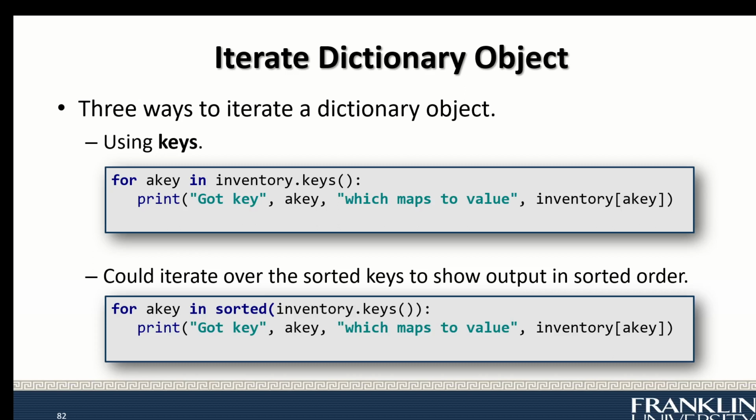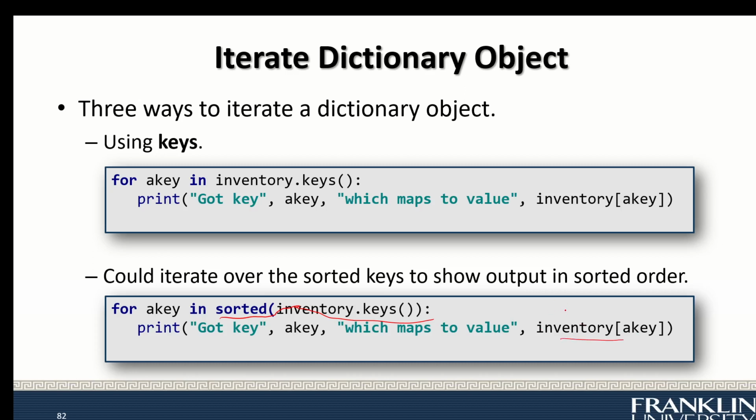So there are three ways to iterate a dictionary. You can iterate with the key. So for a key in inventory.keys, you can use inventory sub key to get the value. Print, I got the key, and the key is, and the value. You can also use sorted. You can sort the keys, so you can have maybe alphabetical order, and get the key which maps to whatever value.